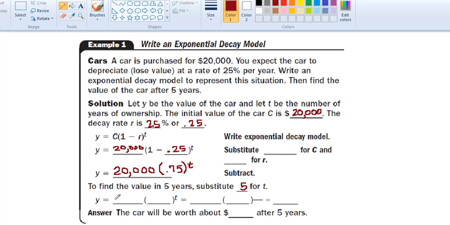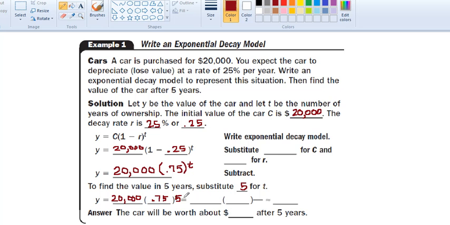So now it looks like this: 20,000 times 0.75 raised to the t. And I think we'll save a little space here. Let's just put a 5 over that, because that's really what we're doing.